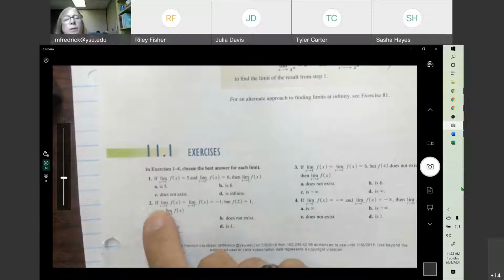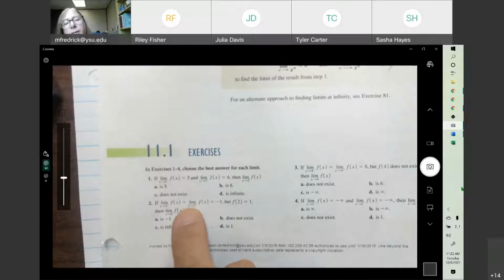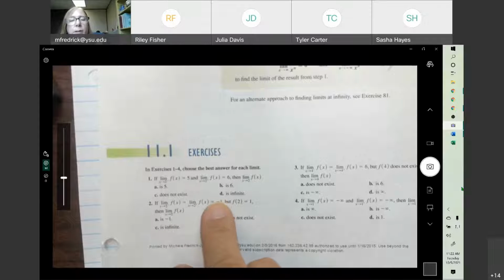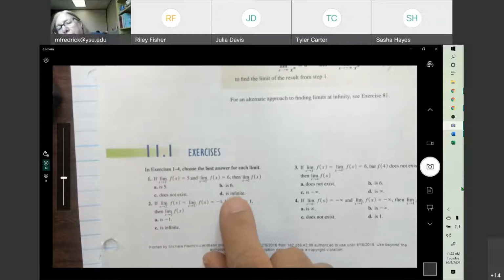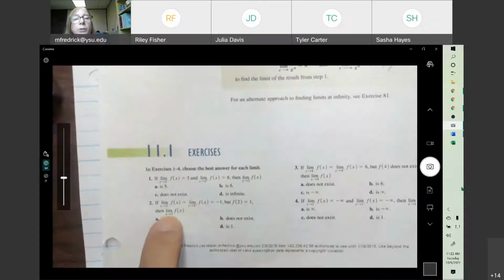The second one, they're saying the limit as x approaches 2 from the left is equal to the limit as x approaches 2 from the right, and that value is -1. So these two are equal. But then it's saying f of 2 is 1. So they want us to find the limit as x approaches 2.